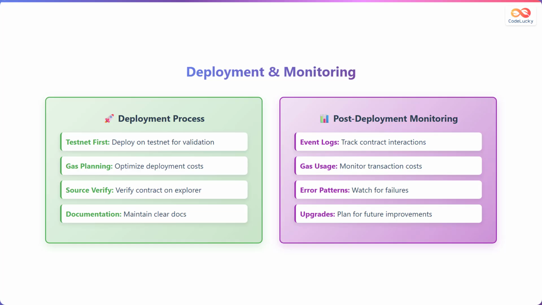Comprehensive documentation should accompany every deployment. Post-deployment monitoring involves tracking event logs to understand contract usage patterns, monitoring gas consumption to identify inefficiencies, watching for error patterns that might indicate issues, and planning for future upgrades or improvements to address evolving requirements.